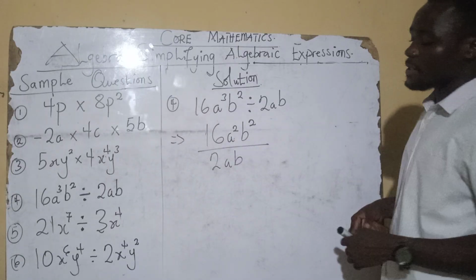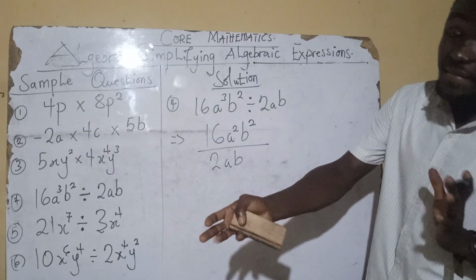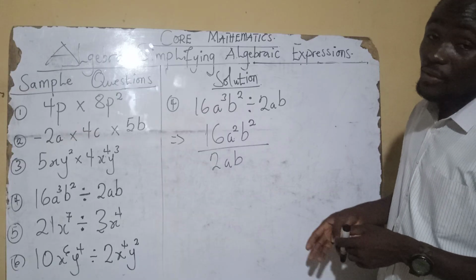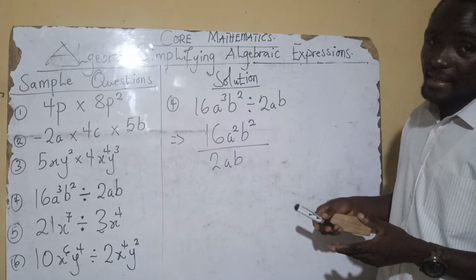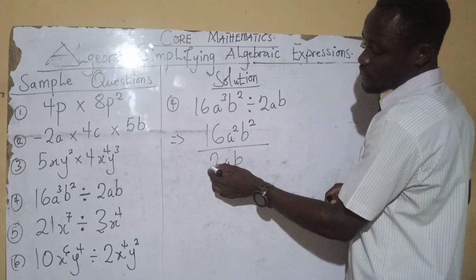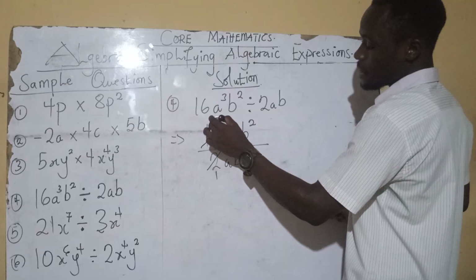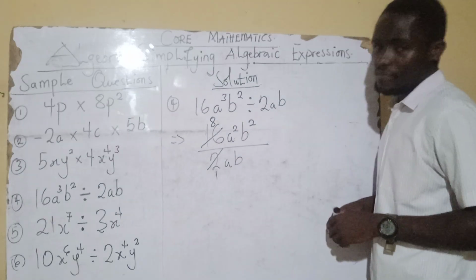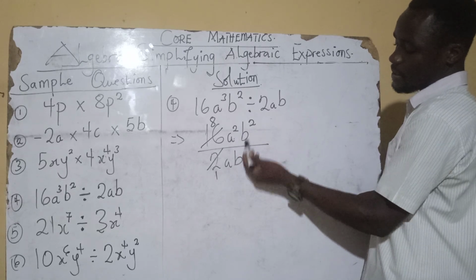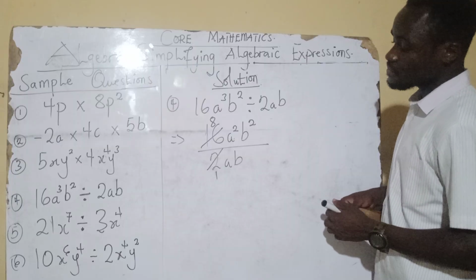Have it in mind that for the problem to be easily solved, we can do some cancellation because it is dividing. So over here, 2 cancels, going into 16 8 times. And here too, I can cancel the a by the a, the b by the b. Very, very simple.